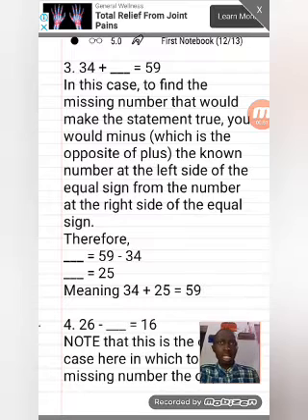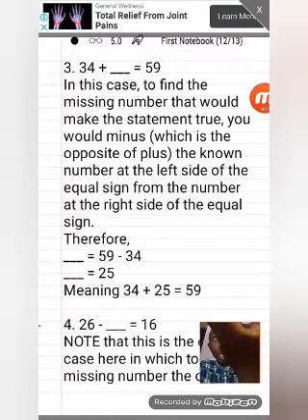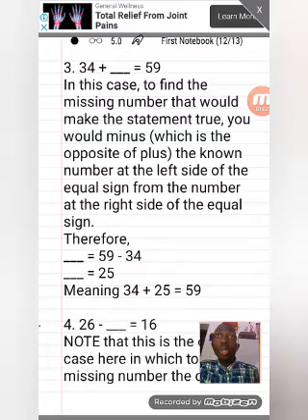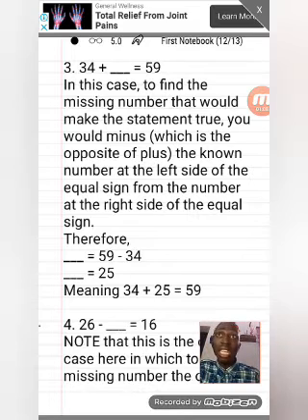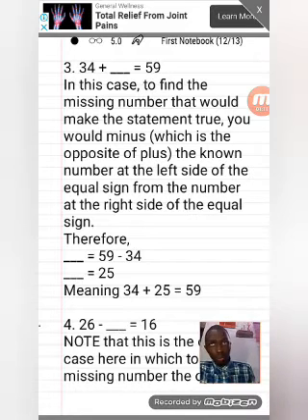Now in this case, to find the missing number that would make the statement true, you would minus, which is the opposite of plus. You can see 34 plus a missing number is equal to 59. So what is that number?